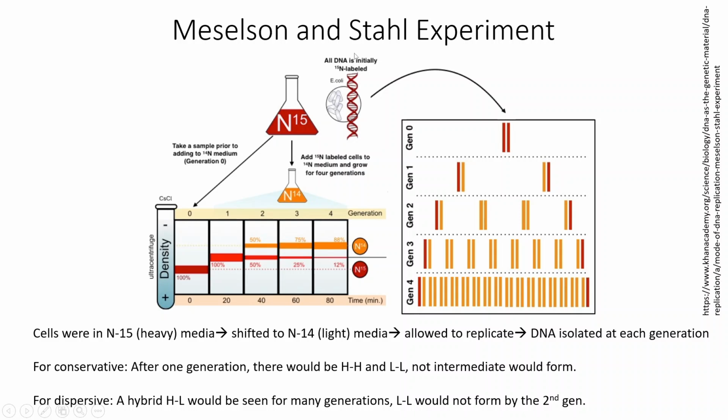They took the DNA within E. coli, and it was treated with 15N, a heavy nitrogen, so that all of this E. coli now has 15N labeled DNA. N is a major component of the purines and pyrimidines, so it's going to incorporate into the DNA as the cell takes it up while dividing and producing its DNA.